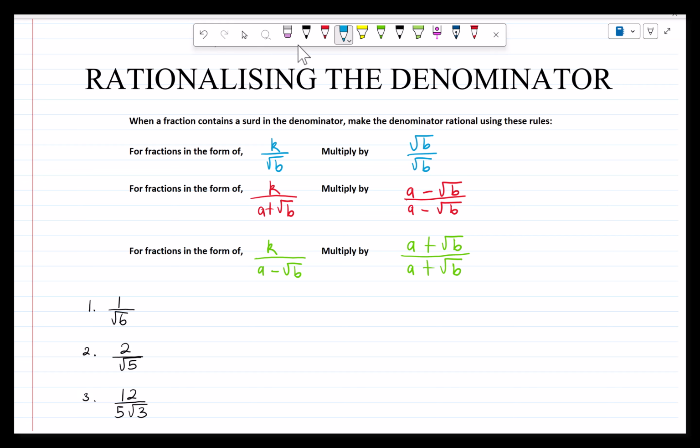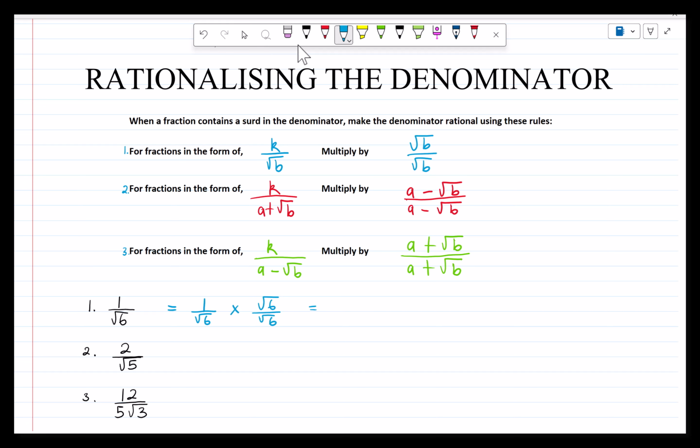Looking at example number 1, which is 1 over root 6, we're going to use rule number 1. Let me name them number 1, number 2, and number 3. So using rule number 1, we have 1 over root 6 multiplied by root 6 over root 6.